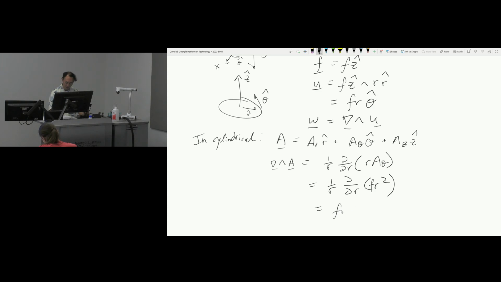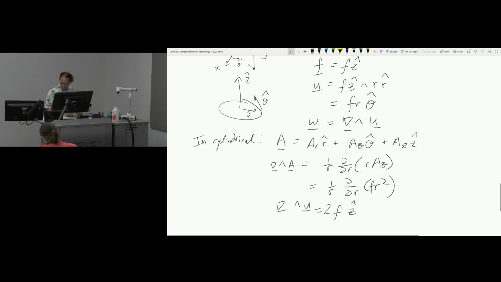If you pull that out, you get F times 2. In this case, del cross u is 2F z hat. Okay. I don't think we actually do very many problems with cylindrical coordinates, but if you do encounter one, you have to make sure that you don't treat it like Cartesian. Okay.